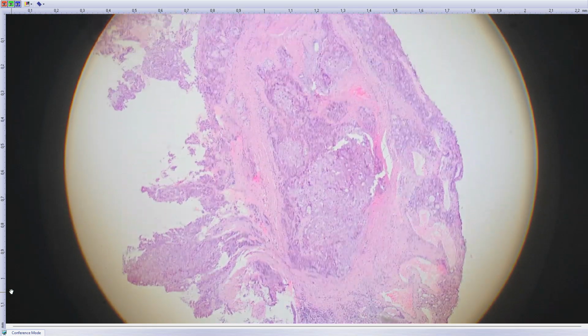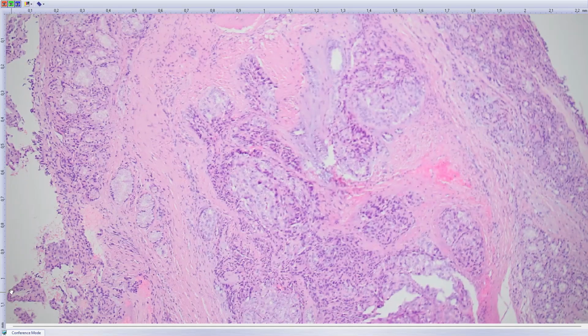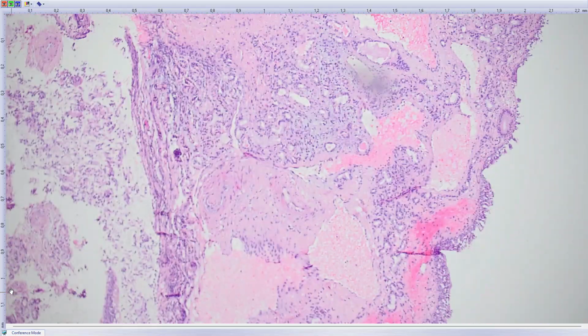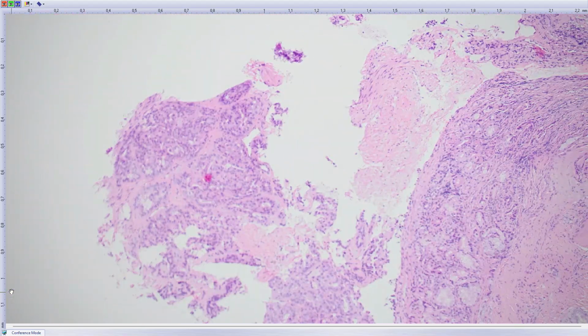It's a nasal lesion, and all the peripheral parts of the lesion are formed by, you see, seromucinous hamartoma. Like here, you see.